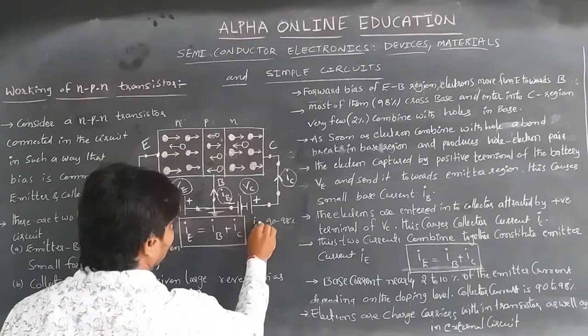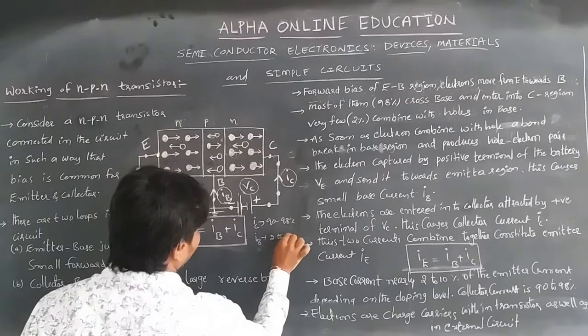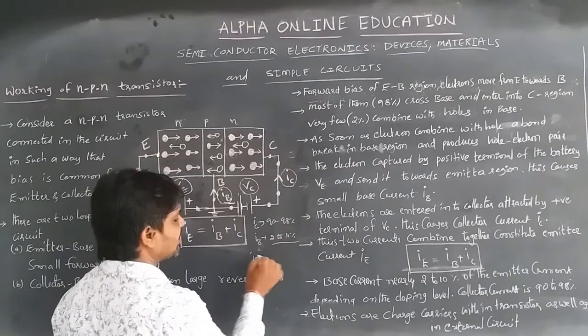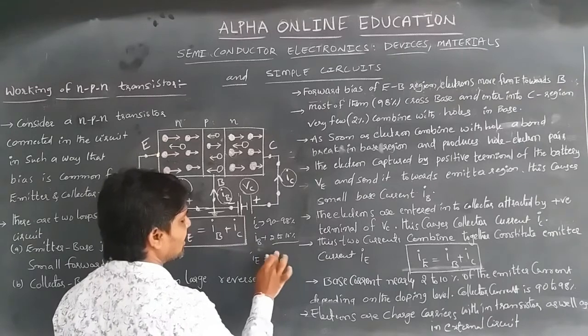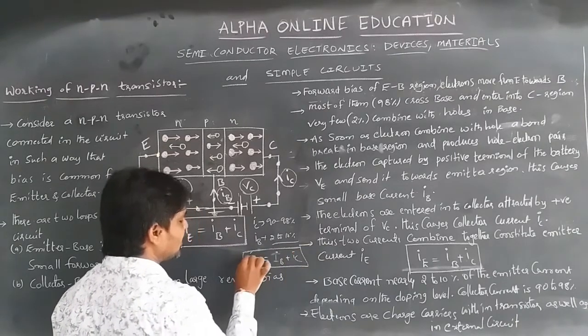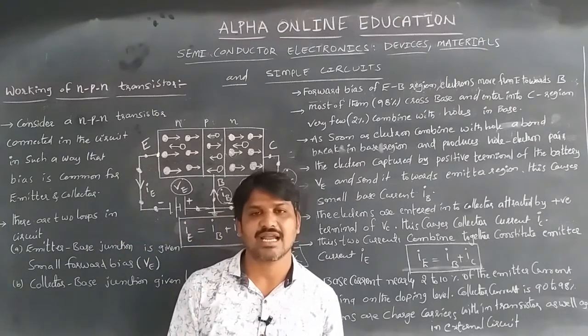So the emitter current is the base current plus the collector current. This is the total emitter current.